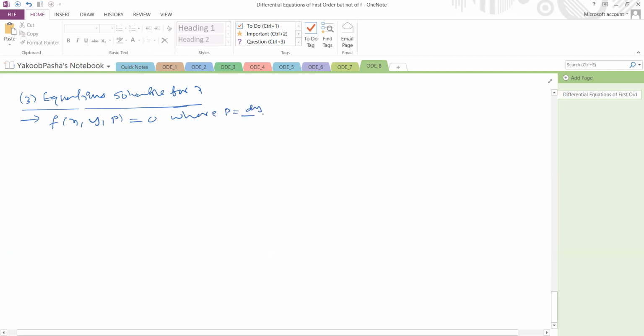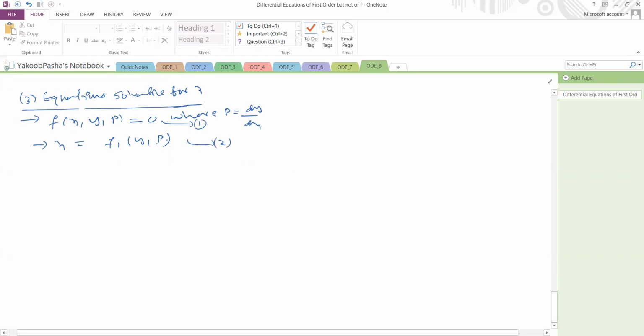Okay, it is easy to write the x value. That is, we write x is equal to f1 of y comma p, where f1 means a function of y comma p. Let the given equation be equation 1 and this be equation 2.